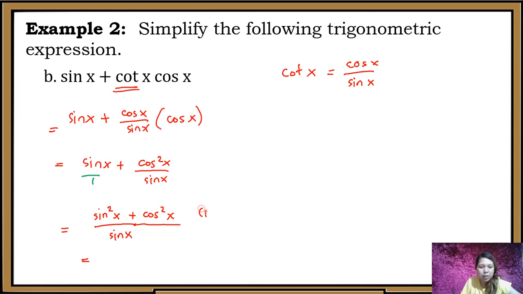And again, this is the Pythagorean identity, which is equal to 1. So 1 over sine x is just equal to cosecant x. So this is now your simplified form.